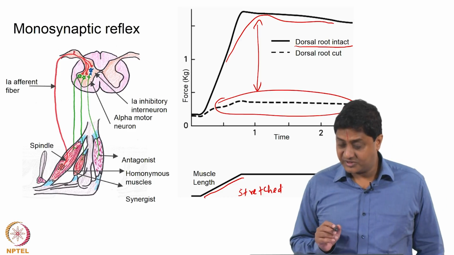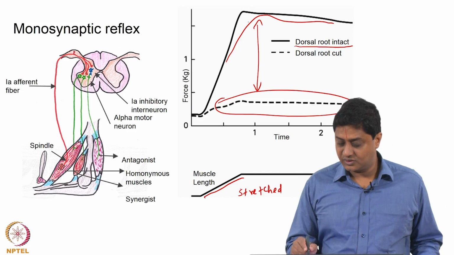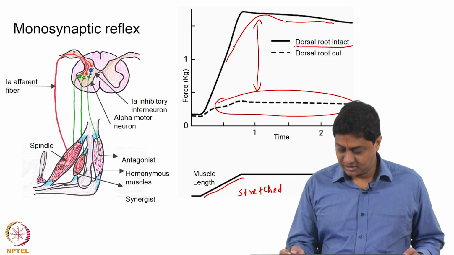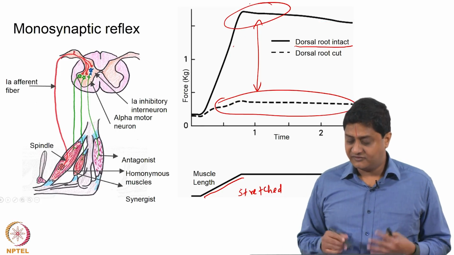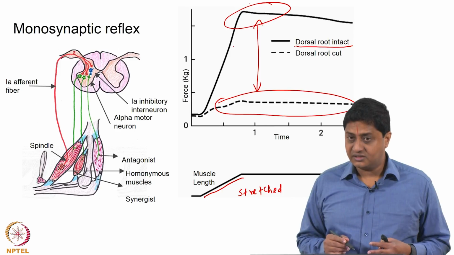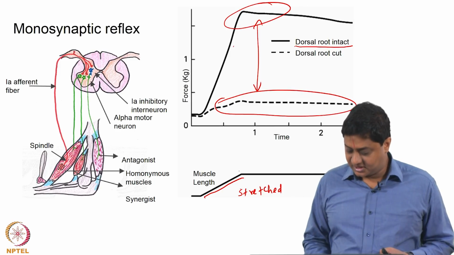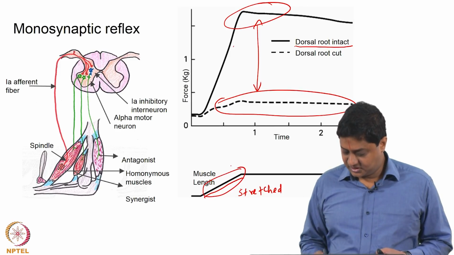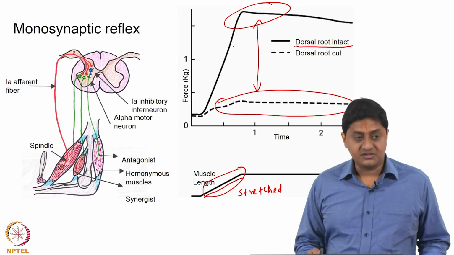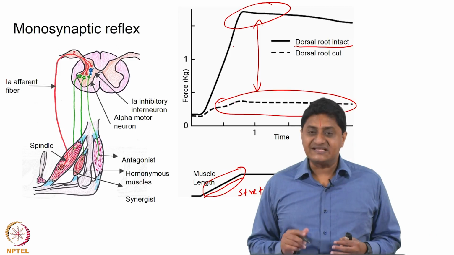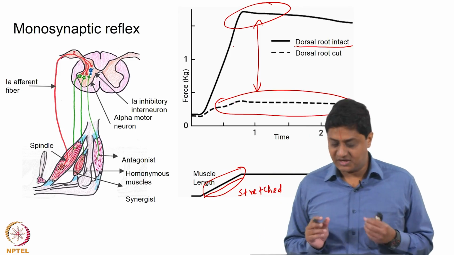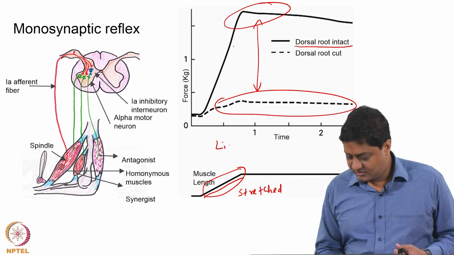In the presence of an intact dorsal root, you are going to have a relatively strong response such as that. If the dorsal root is cut, even though there is stretching, the response is going to be relatively weak. This means that the dorsal root forms an essential part of this.